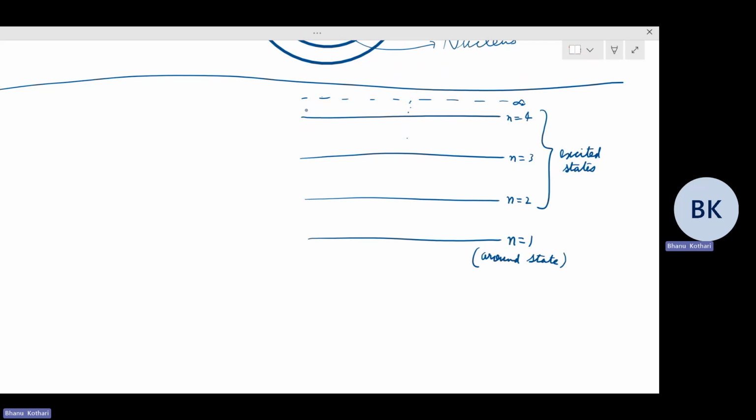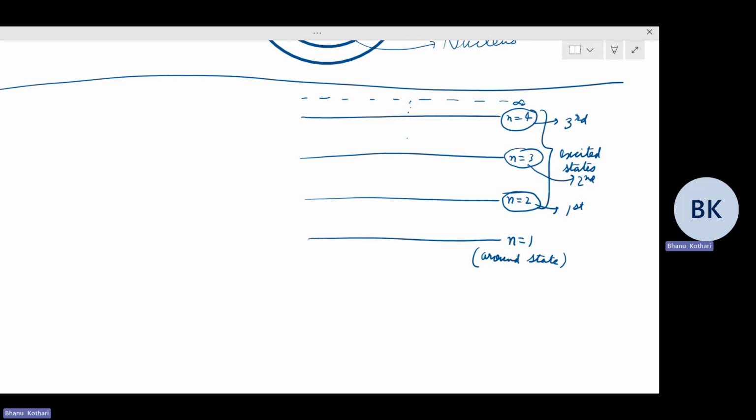So there are infinitely many shells in between the ground state and the infinity shell. N equal to 2 will be called the first excited state. N equal to 3 will be the second excited state. N equal to 4 will be the third excited state, and so on.